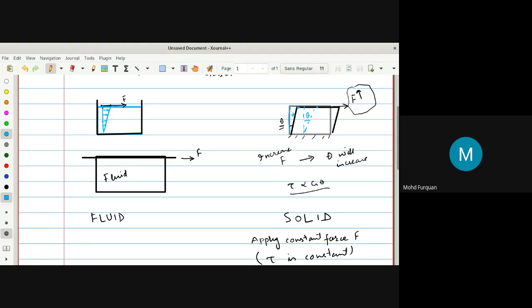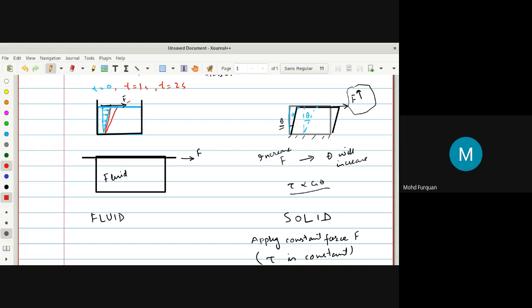If you apply force at t equal to 0, you have this line. If you measure its profile at t equal to 1 second, maybe it will be here. At t equal to 2 seconds, the fluid would have gone here.